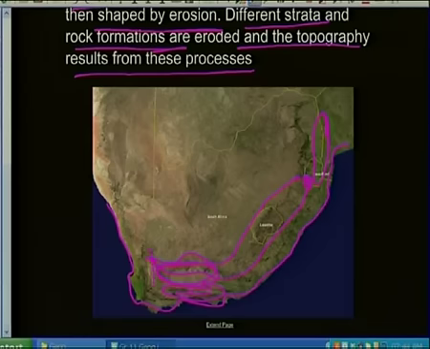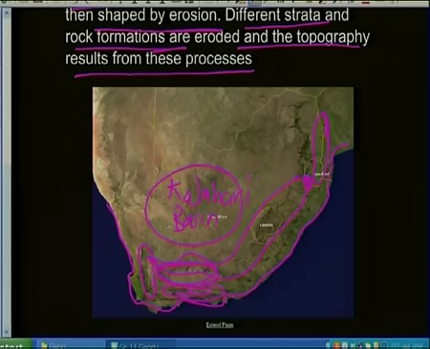A little part of the Karoo which lies parallel to the west coast is the Cedarburg mountain range. This is also found in the Western Cape. What you should also remember is this large area here, which forms the plateau, is largely called and referred to as the Kalahari Basin.